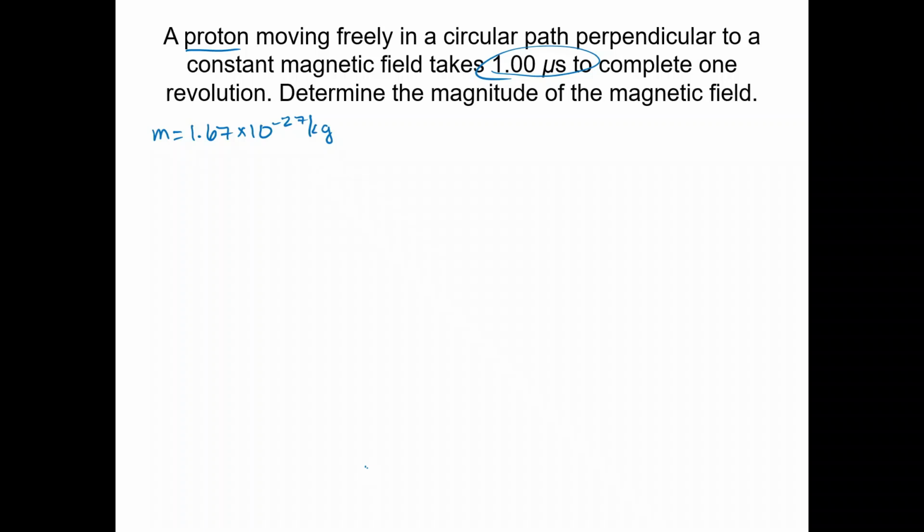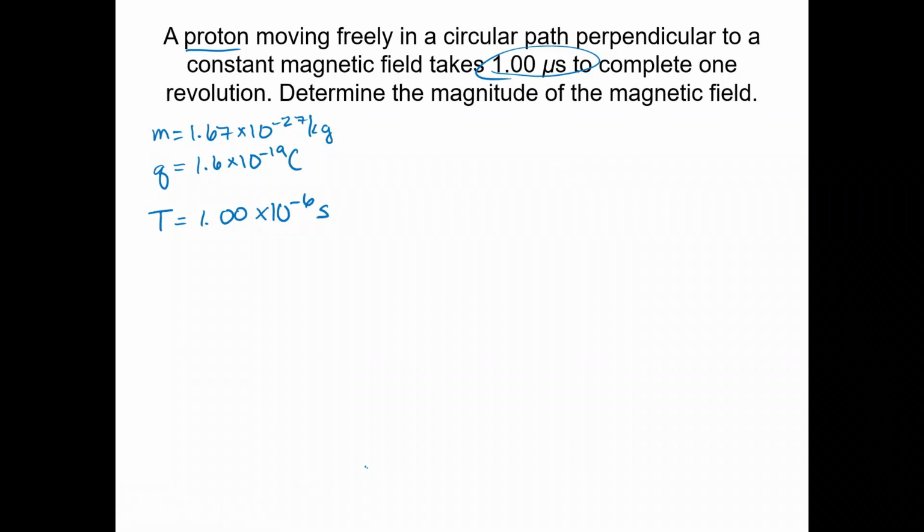The charge of a proton is 1.6 times 10 to the negative 19 coulombs, on your formula sheet. And we're given that our period is 1.00 microseconds, that's 1.00 times 10 to the negative 6 seconds. We want to determine the magnitude of the magnetic field.